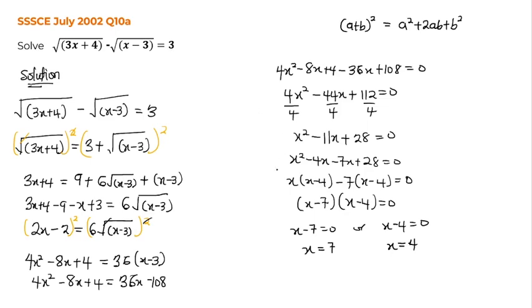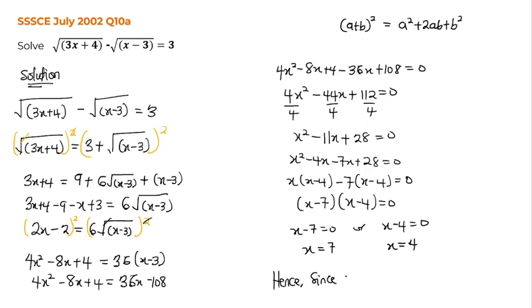If you punch this into your calculator, in place of x over here you put 7, you're going to get your result 3. Let's try that for x is equal to 4. If we do that, we will also get the same result. Now, since both 7 and 4 satisfy the equation, we can say that x is therefore equal to 7 and 4.